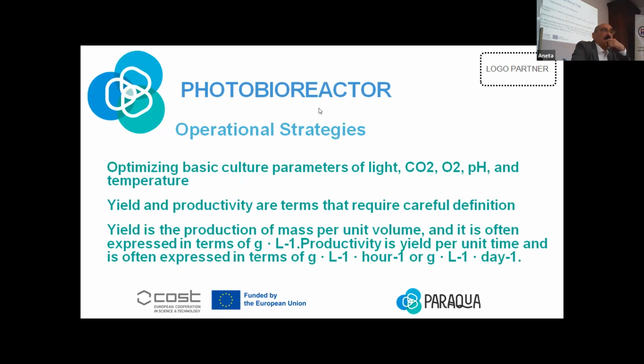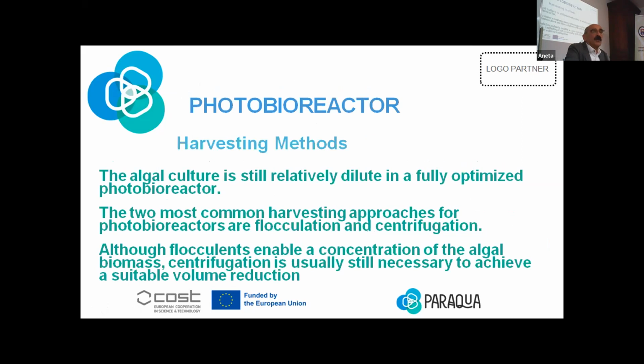So if we talk about operational strategy, if we talk about protocols, you have to optimize and balance the parameters of light, CO2, O2, pH, and temperature. You have to define that very carefully, because that definition will affect your final production of algae.